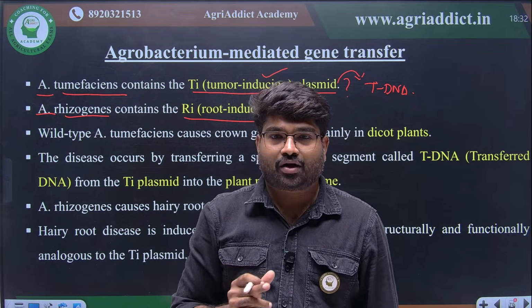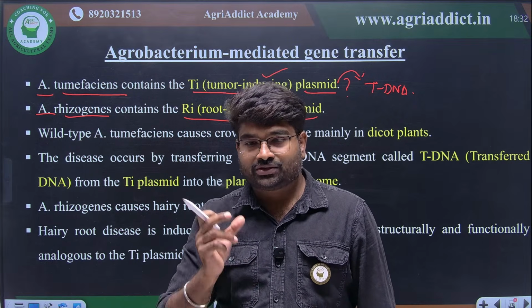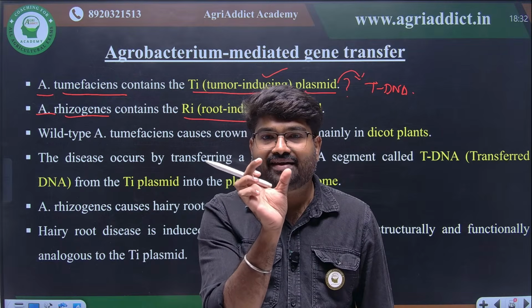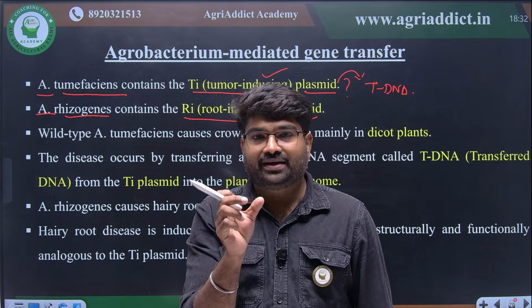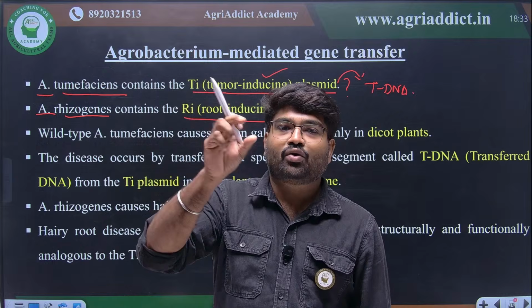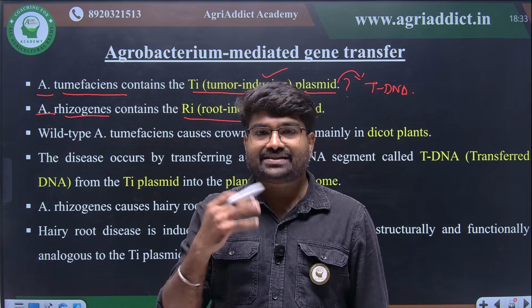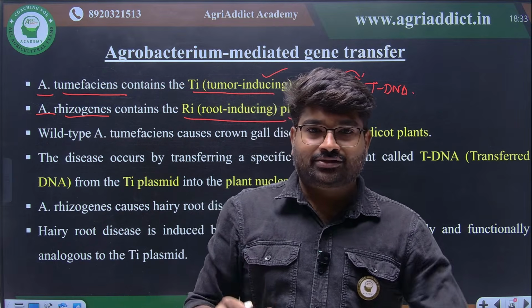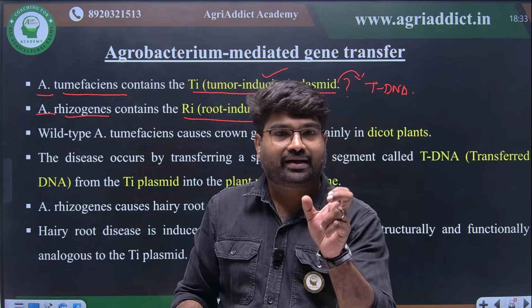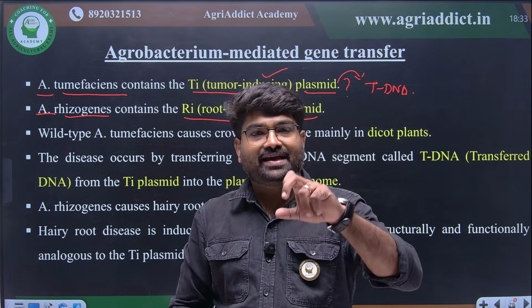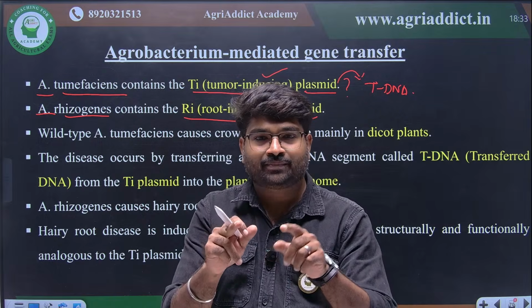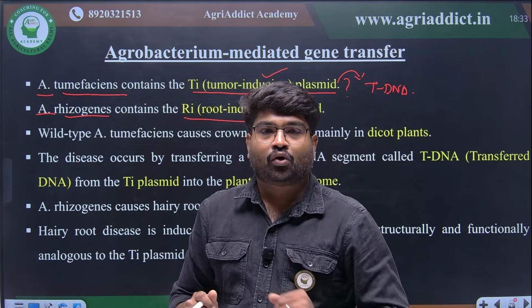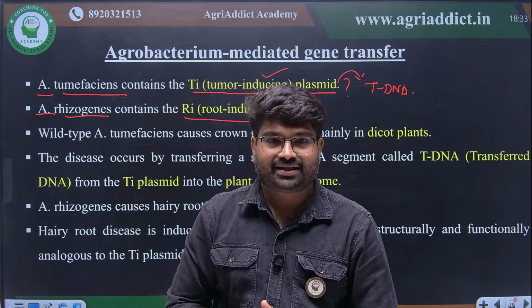Because of that, crown gall disease will form. So if we replace the T-DNA with our gene of interest, that can go and integrate in the plant genome. This is the concept they have developed. So whatever gene we have to integrate in the plant will be inserted in the T-DNA region, so that it will be integrated with the plant genome.